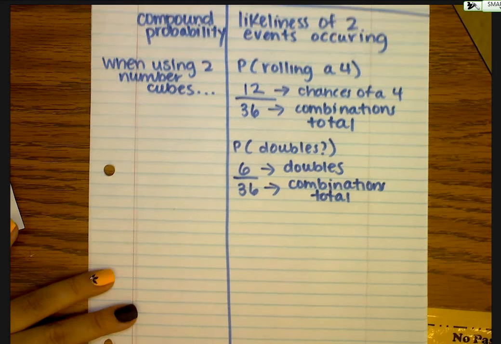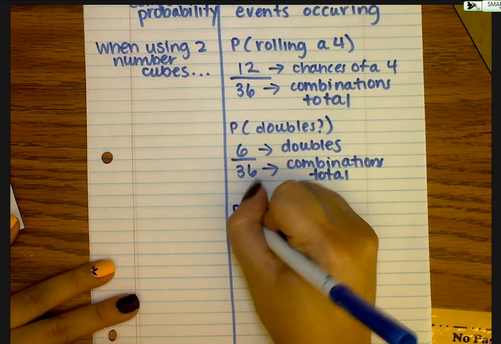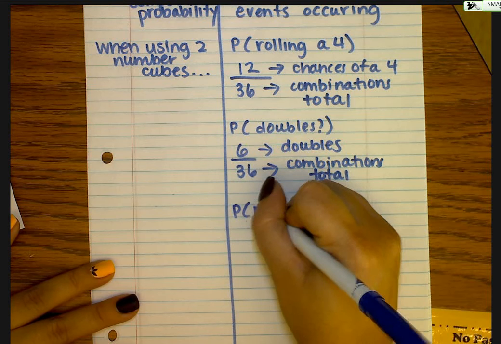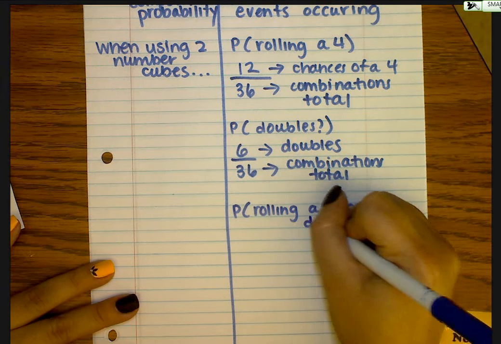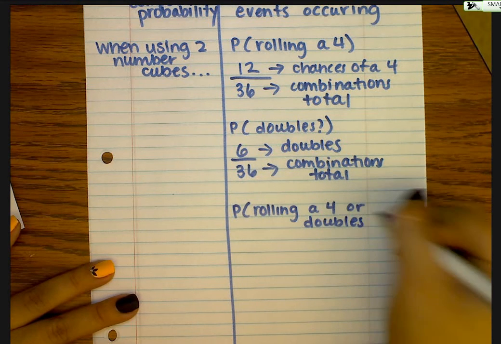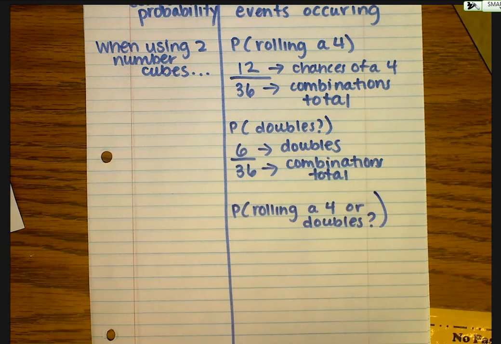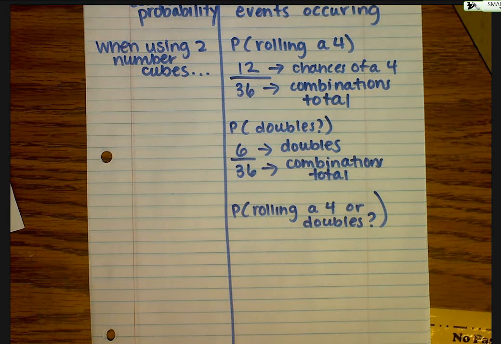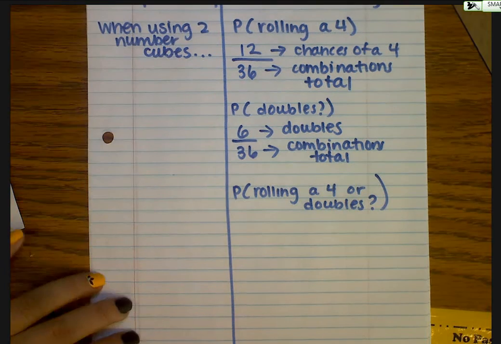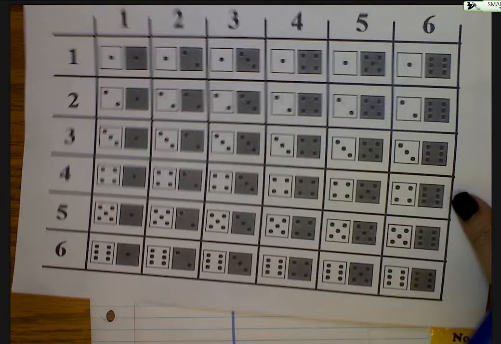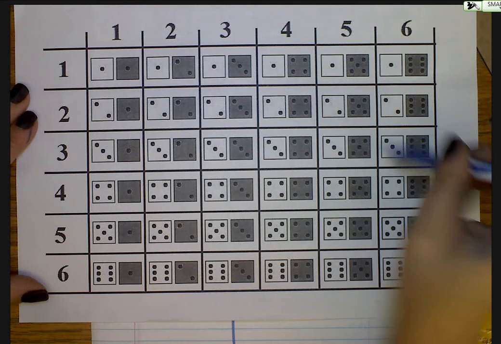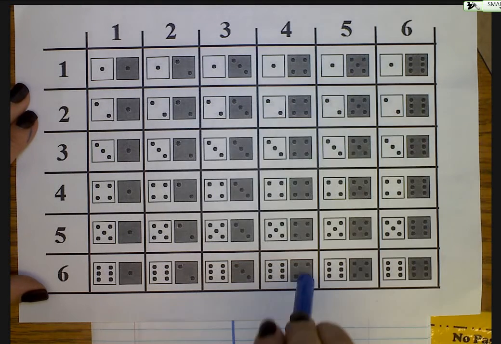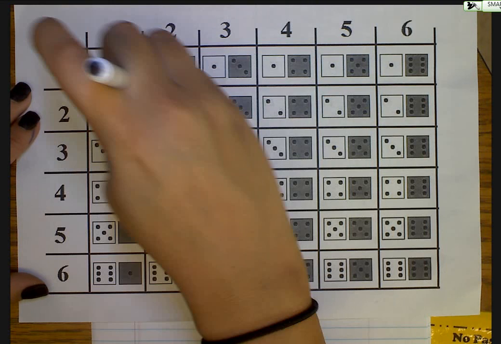What if I asked you, what is the probability of rolling a 4 or doubles? If I'm asking with or, that means we're adding. If I'm looking for my probability of a 4, I have 1, 2, 3, 4, 5, 6, 7, 8, 9, 10, 11, 12. And then doubles, 13, 14, 15, 16, 17, 18.